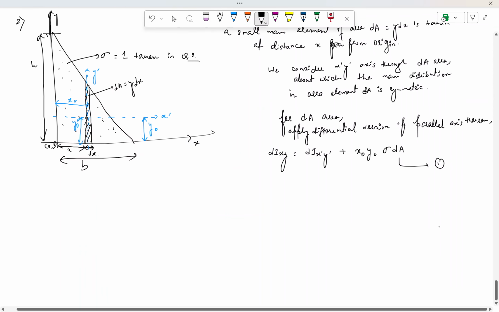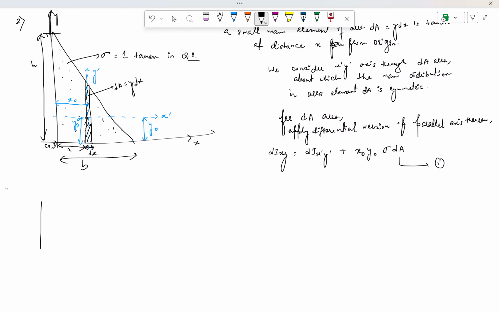So if you recall, the simple parallel axis theorem statement was that if you have one dimension, and this is one axis and this is another axis, and the distance between them is, let's say, r, then about this axis the moment of inertia is Ixy, and about the second axis it is I'xy.